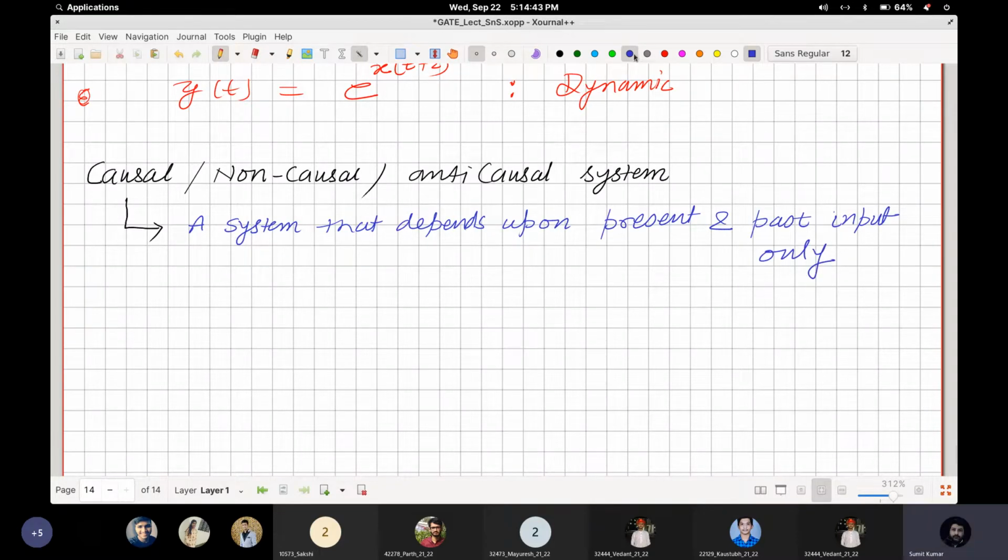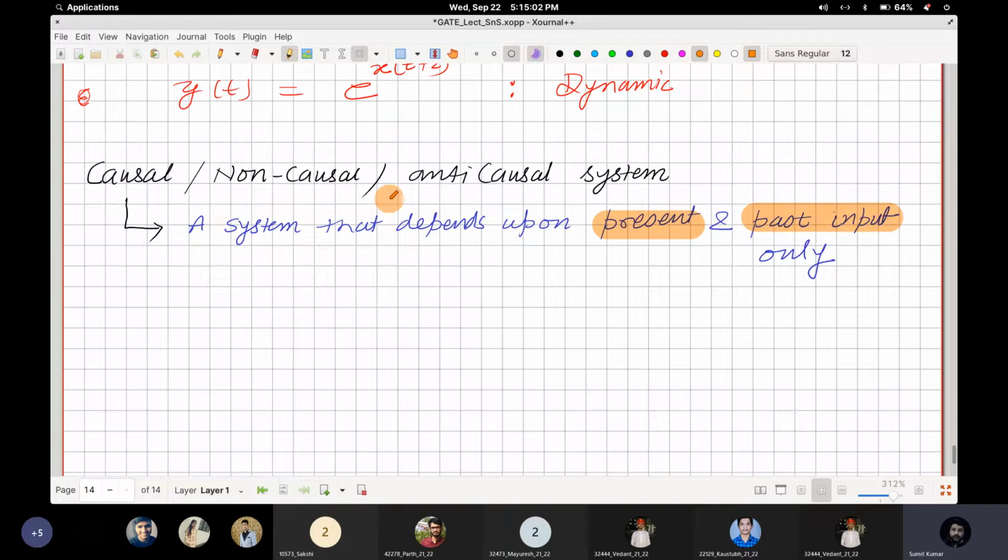Okay, so a causal system is one that depends upon present and past input. Is this clear? A system that depends upon present and past input only is going to be called causal.